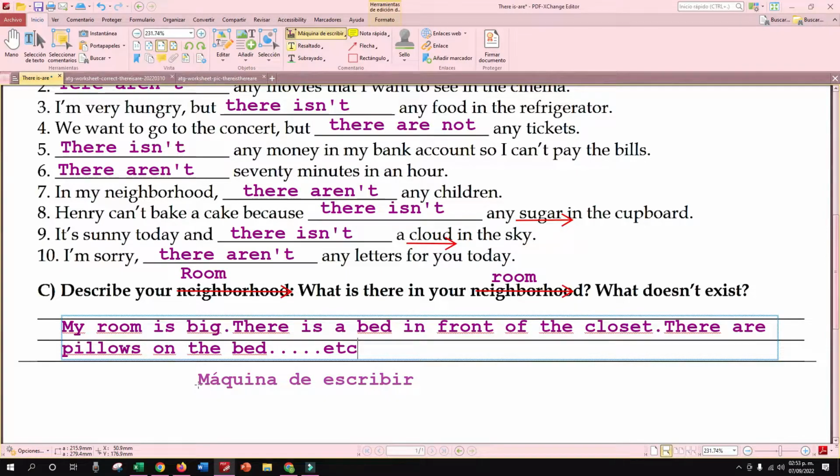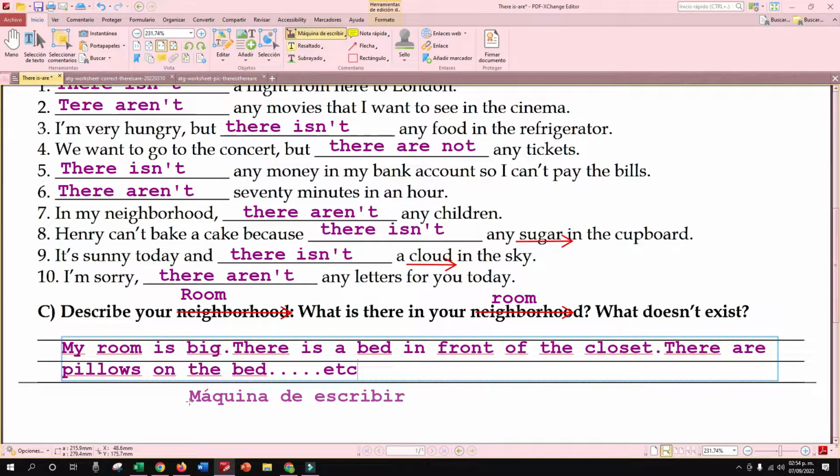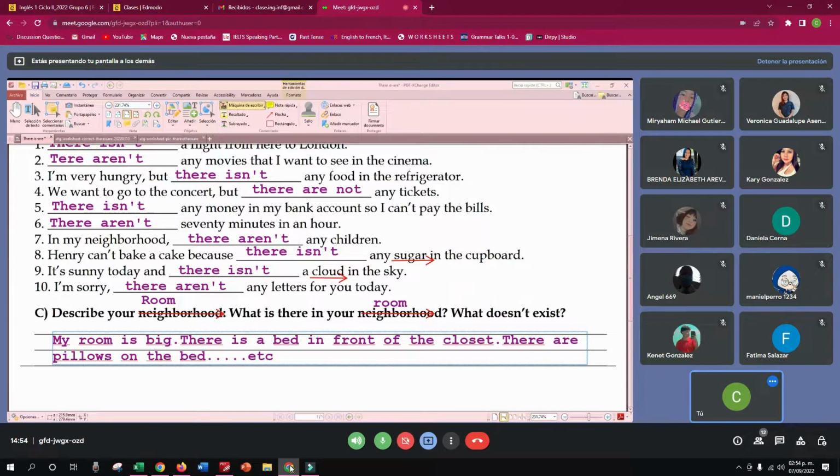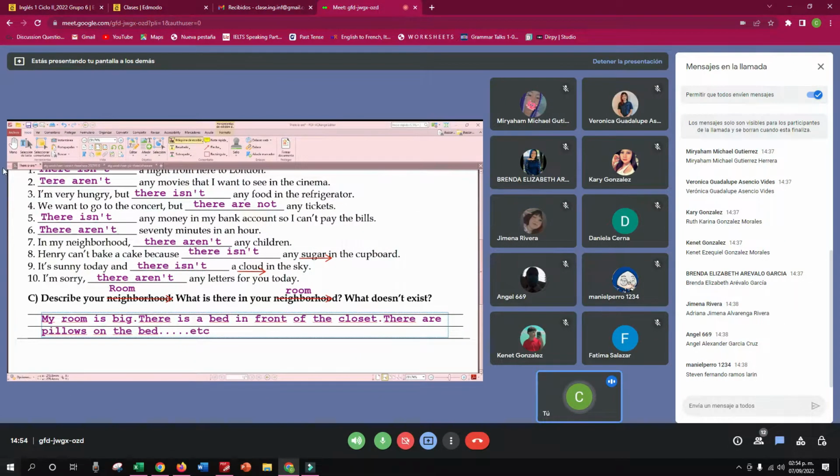So you can start like, my room is big, or my room is small, I just have one bed, or there is a bed in front of the window, or something like that, right? So I want you to describe your room, guys. Describan su cuarto. Yes? So think about that one. Y lo van a escribir acá en el chat, ¿verdad?